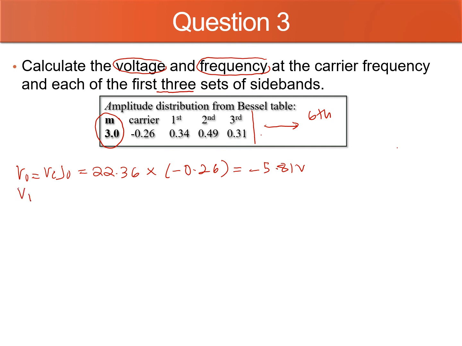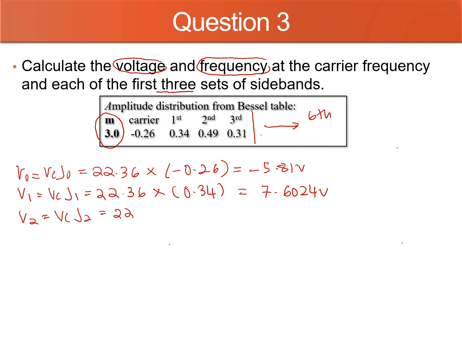For the next element, V1 is equal to Vc J1. Substituting the element, 0.34, is equal to 7.6024 volt. For V2, Vc J2 equals 22.36 times 0.49, which is equal to 10.96 volt.